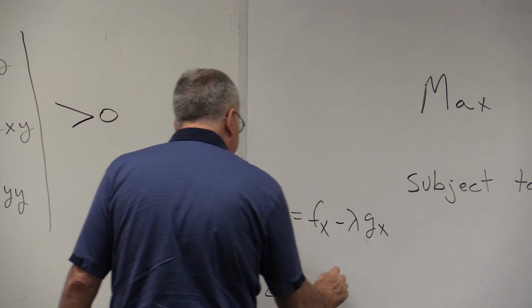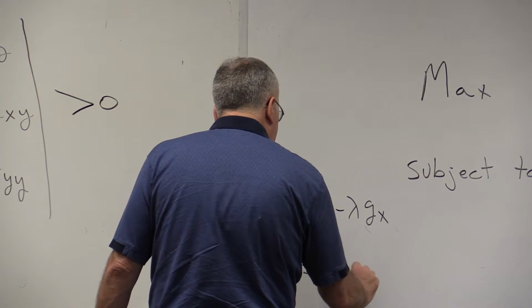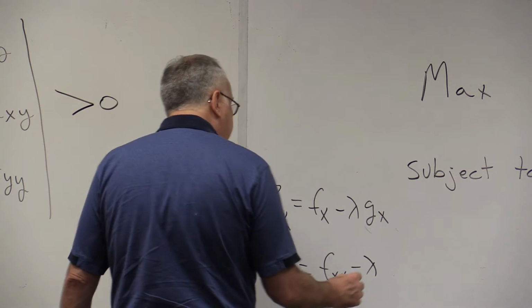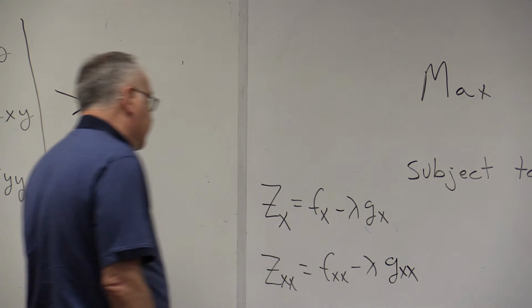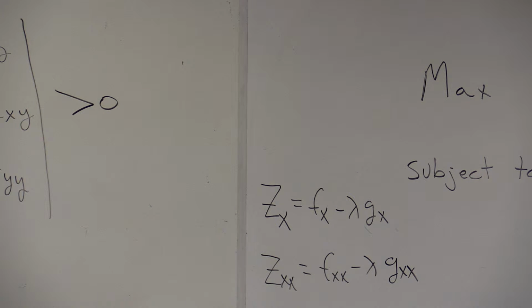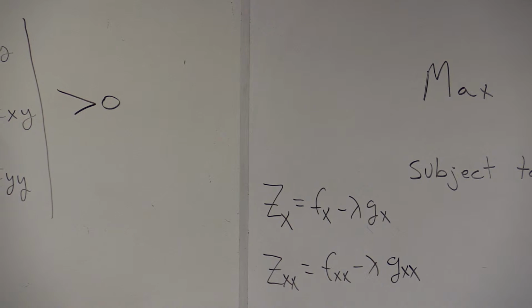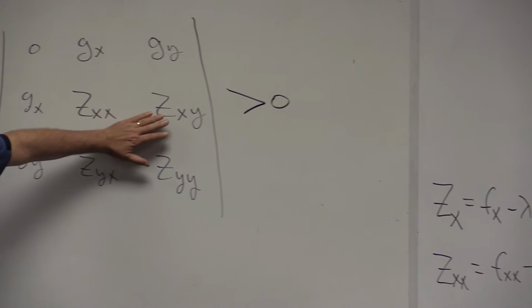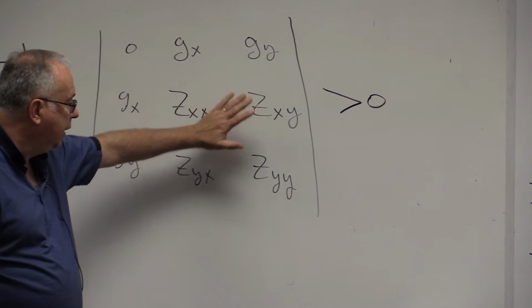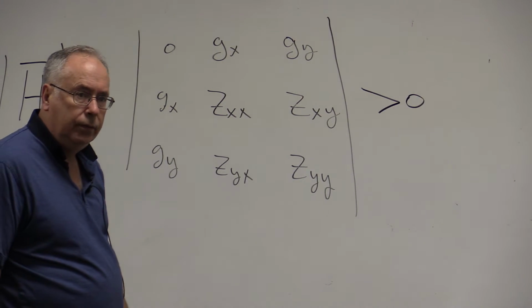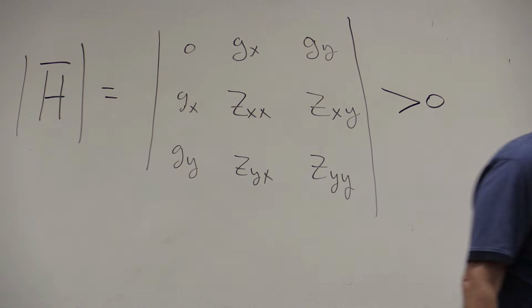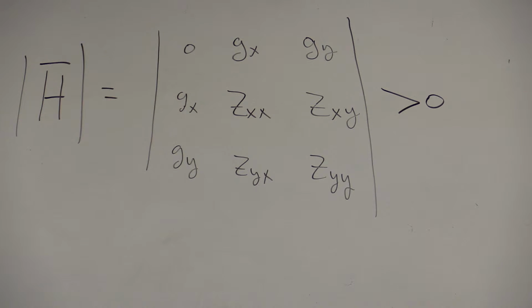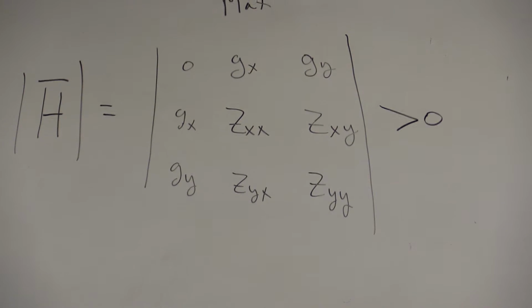So that would be f sub xx minus lambda g sub xx. Okay. That's what goes in here. Z sub xy: take the derivative of z sub y with respect to x, and you got that. So you just plug in all those terms and see if that bordered Hessian is positive. If it is, that guarantees that you have a maximum. If it's negative, it guarantees that you have a minimum.